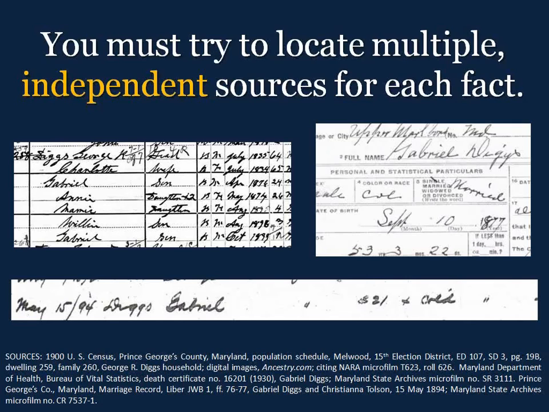In order to overcome these problems and learn what these inconsistencies are, the first thing we have to do is find multiple independent sources for every fact that we have. And the key word here really is independent. If you find a death certificate, an obituary, and a gravestone, you may have 3 records, but that doesn't necessarily mean that those are independent sources.